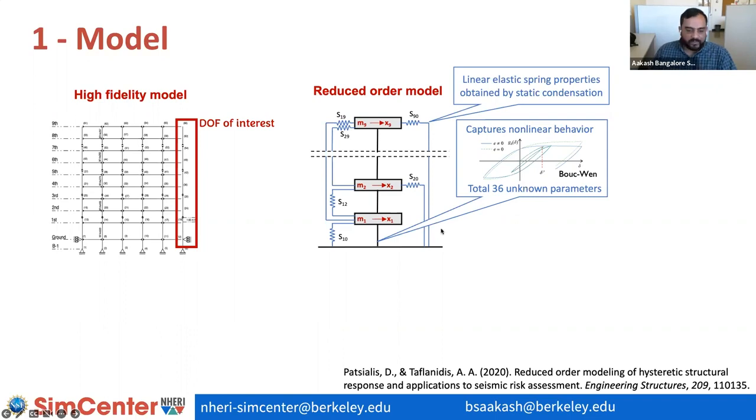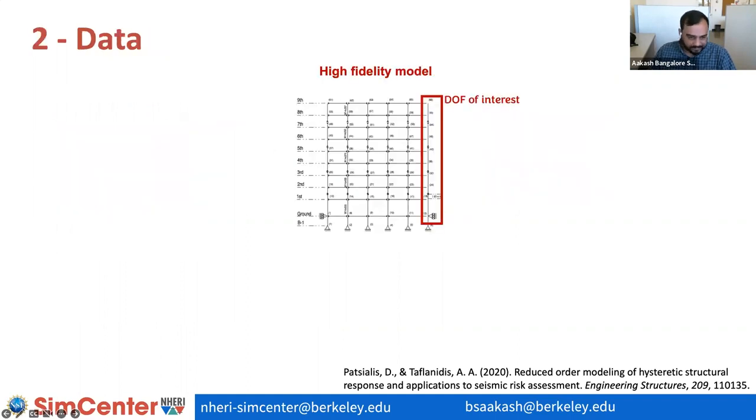These are the parameters that we will calibrate using data generated from the high fidelity model. So there are a total of 36 parameters that need to be calibrated. And we will next see how we get the data that will be used for calibration.